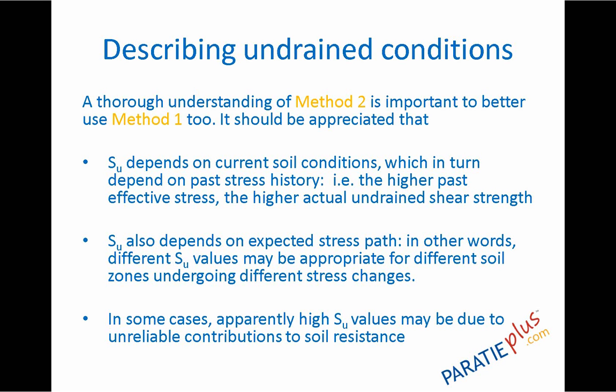And in some cases, undrained shear strength must be very carefully examined by experts when there are situations in which there may be some apparently high values that actually cannot be taken into account, because there may be sudden and brittle failures of soil and a drop in resistance due to, for example, chemical bonds and so on that are very brittle and unstable.